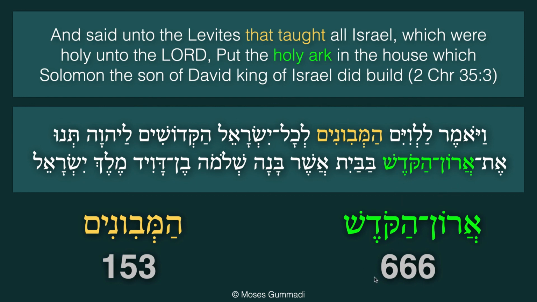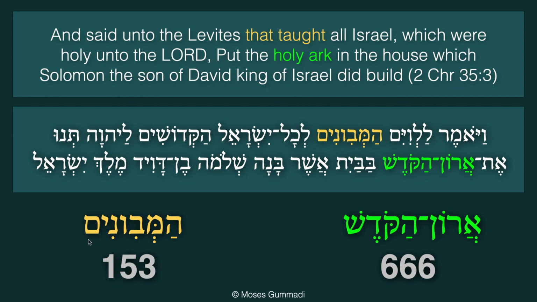In a similar way, here we have Aron HaKodesh. This is 666, which is the holy ark. And here, Hambinim. These guys are builders, you can say, if you take off the vowels, because they are probably building the society by teaching. Or if you take the vowels as they are, then those who are actually teaching wisdom, bina, or instructing.